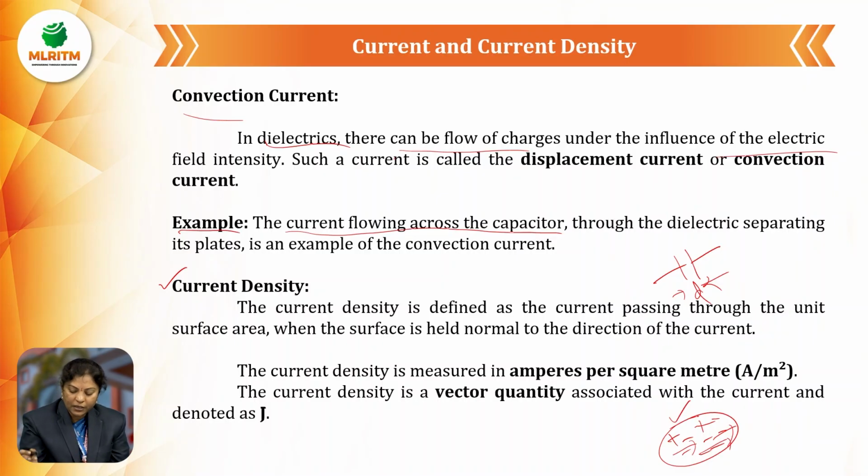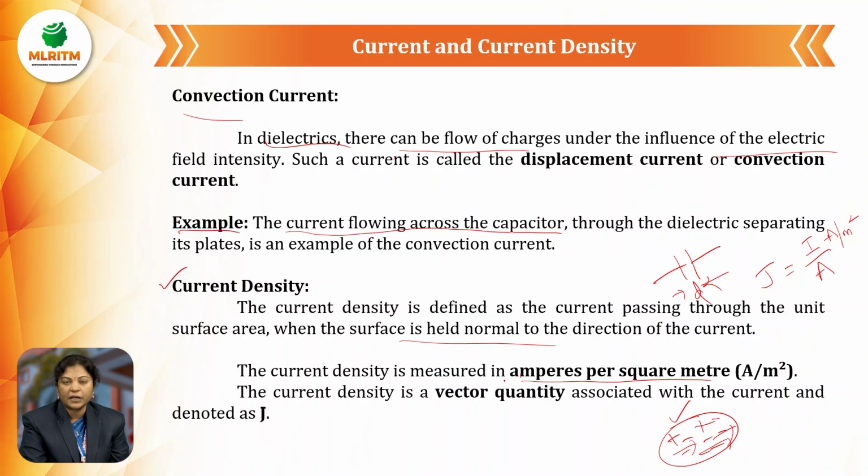Current passing through a unit surface area is known as current density. It is measured in amperes per square meter. We define it as J, J equal to current per area, where current is in amperes and area is in square meters.